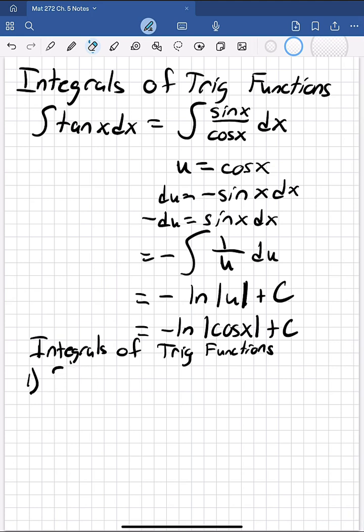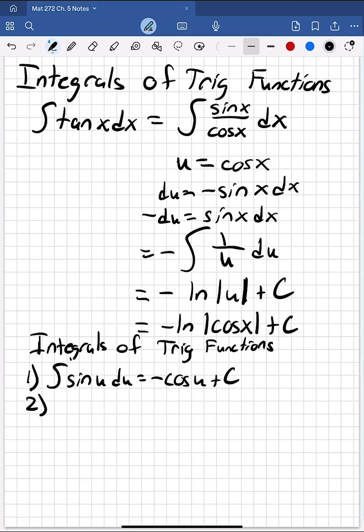Okay, so I'm going to say that the integral of sine u du is the negative cosine of u plus c. Then we have the cosine of u du is equal to the sine of u plus c.